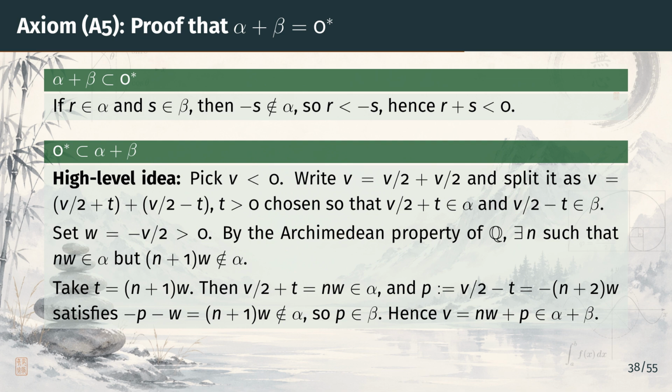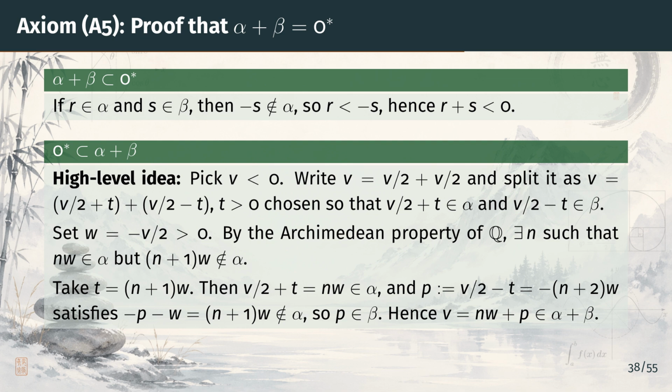The trick is to split V symmetrically as V over 2 plus T and V over 2 minus T for some cleverly chosen positive T. We want the first piece to land inside alpha and the second piece to land inside beta. To find this T, we use the Archimedean property.